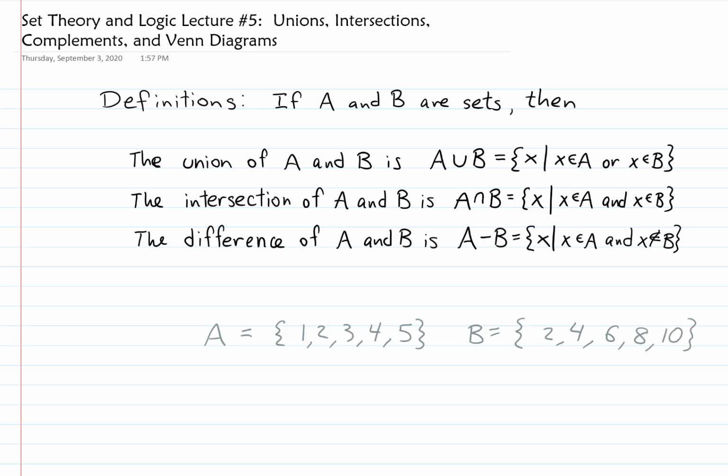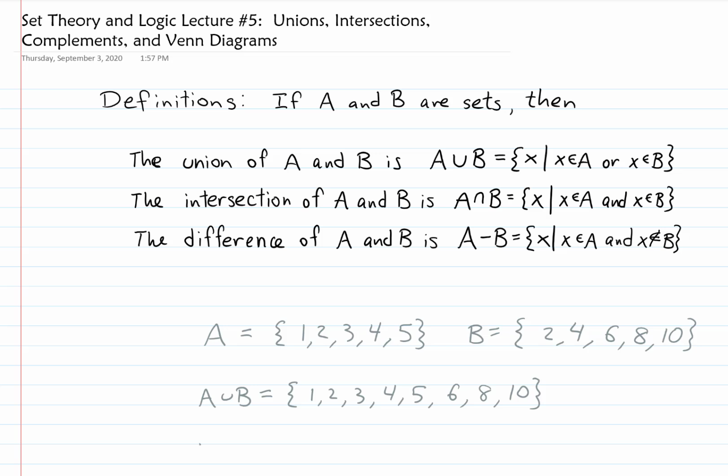Okay, so let's find A union B. That would be everything that's in A or in B. So it would be 1, 2, 3, 4, 5, 6, 8, and 10. It doesn't matter what order you write them, but I'm just writing them in an order that makes sense to me. If you're trying to find A union B, it makes sense to just write down everything in A and then add in the stuff from B that you haven't already written.